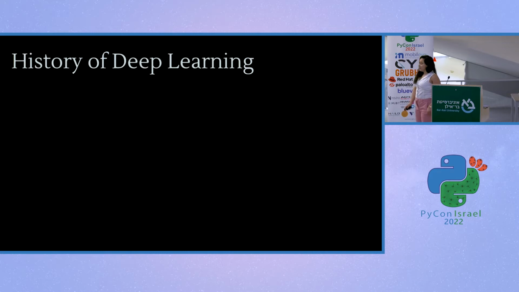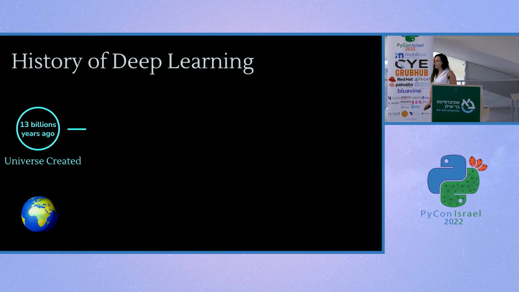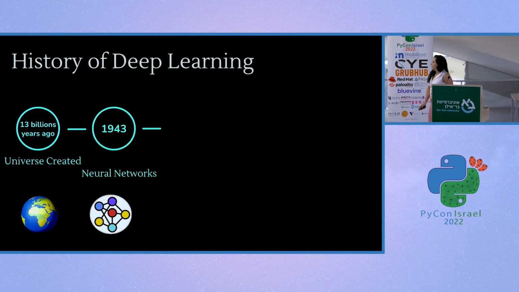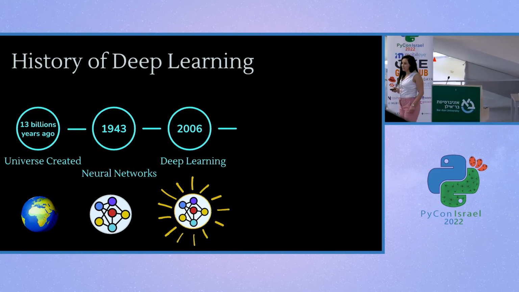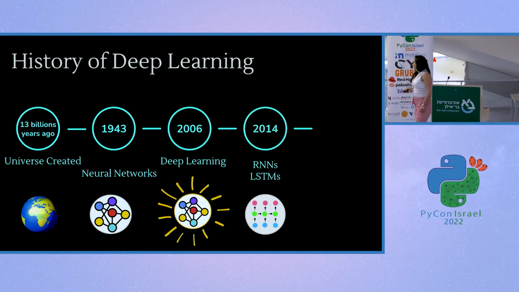Okay, so let's take a step back. The universe was created quite a while ago. Then starting in the 40s with neural networks, and then came the ability to scale them. So we saw the rebranding of neural networks under the term deep learning, and it improved over time, evolving to recurrent models, so RNNs and LSTM.